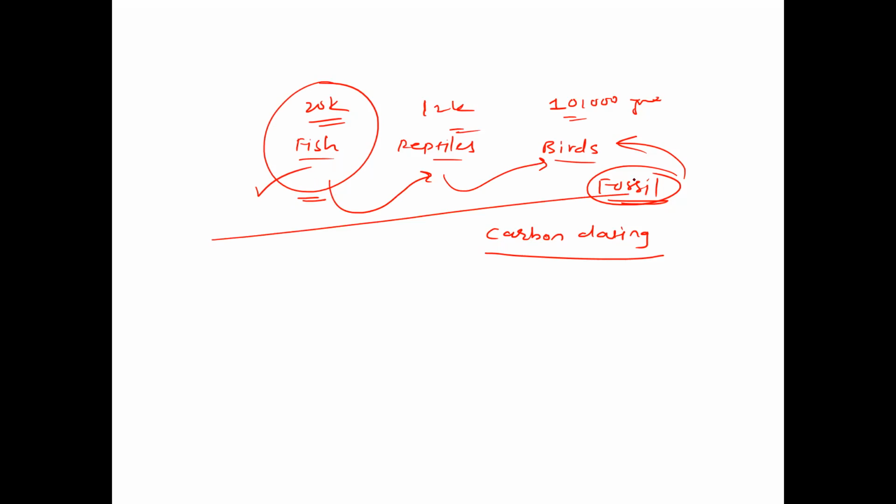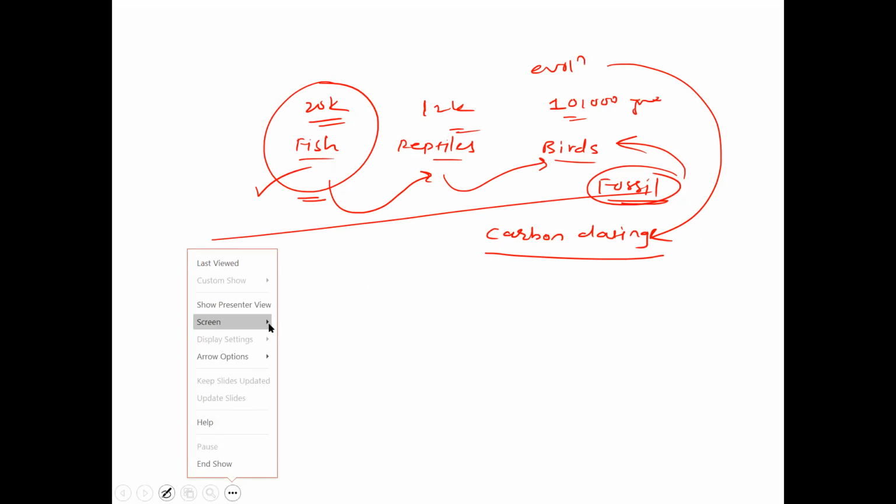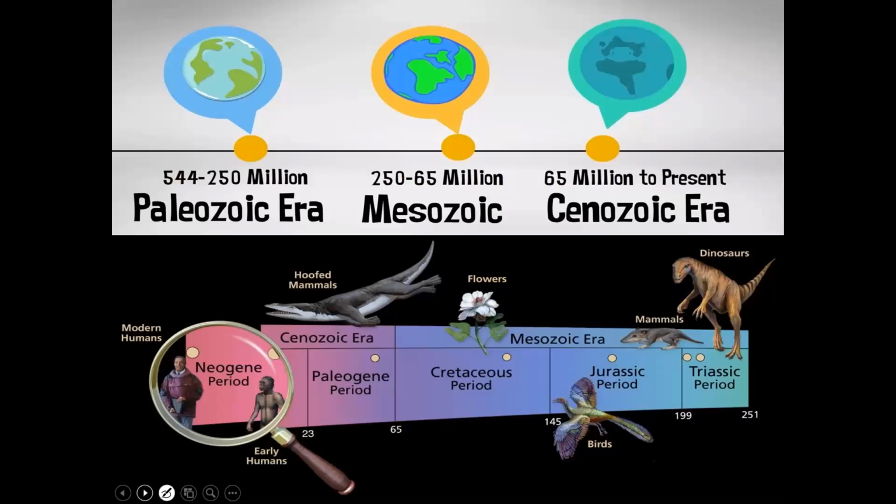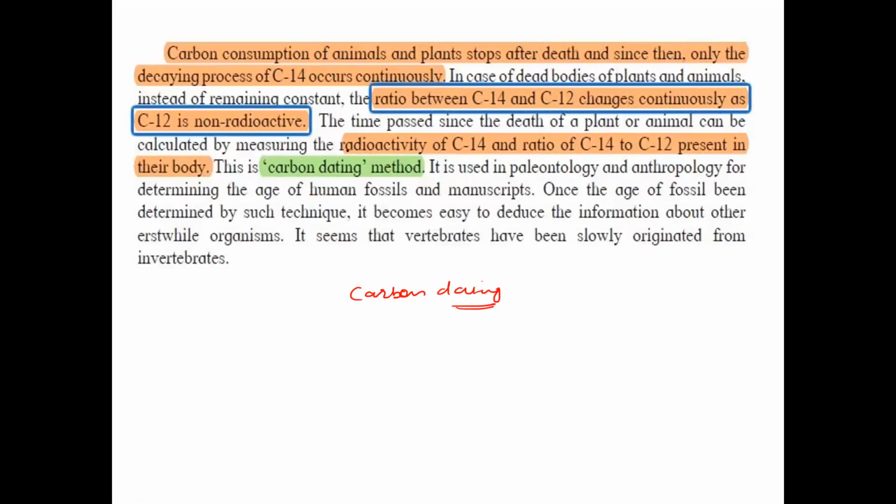So you may have an idea about evolution by the study of fossils by the carbon dating method. So in this way, by using this carbon dating method or paleontology, these evidences are called what? Paleontological evidence. तो ये paleontological evidence use करके आप समझ सकते हो theory of evolution. Okay, so see this radioactivity, carbon dating method.